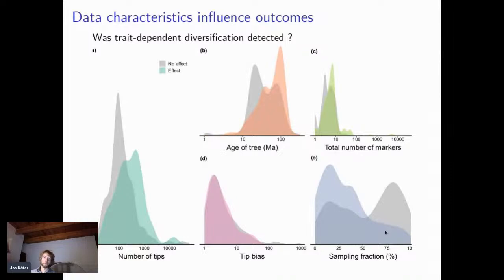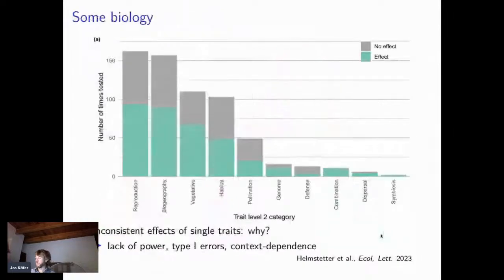What we did in the first place, because we were interested in the biology of the plants as well, is look at the trait types, so reproductive, biogeography, vegetative traits, habitat, pollination, etc., that people looked at, and whether there were differences in how often diversification differences were detected depending on trait type.